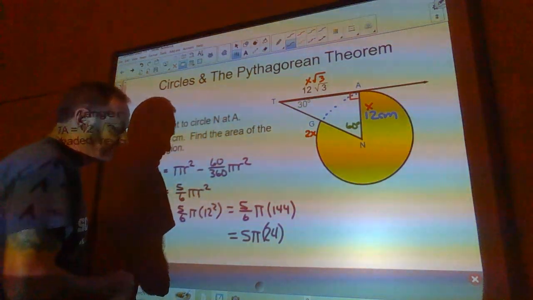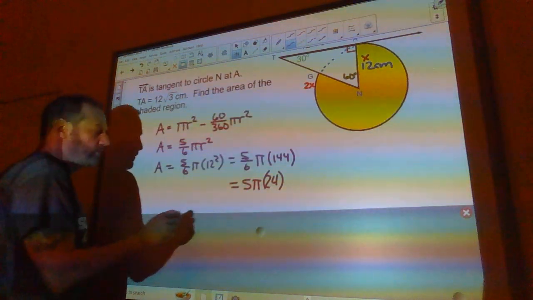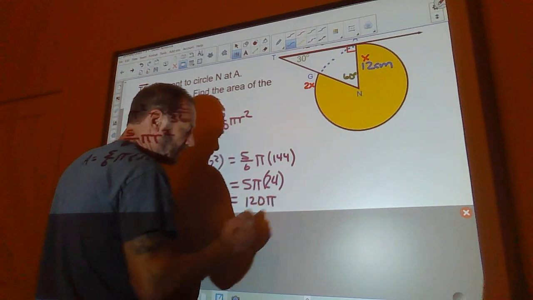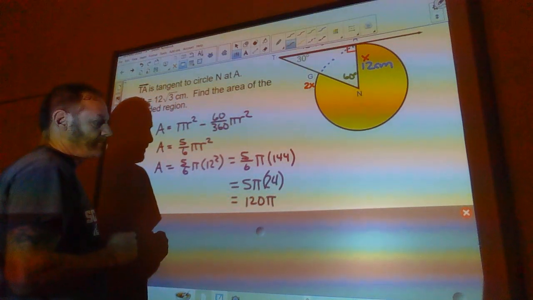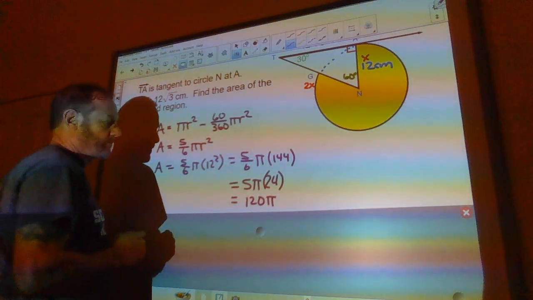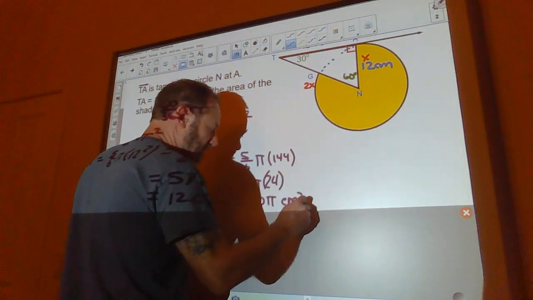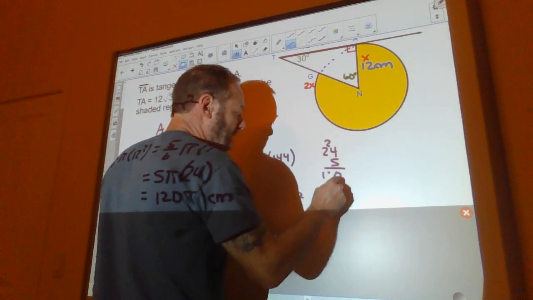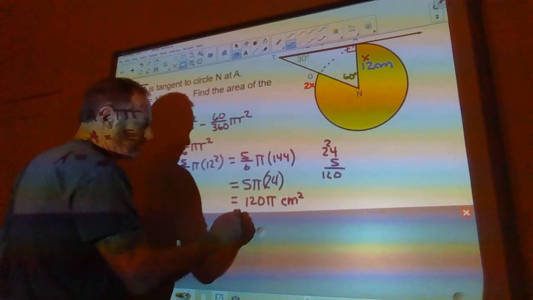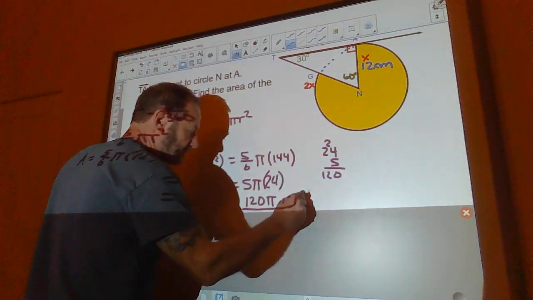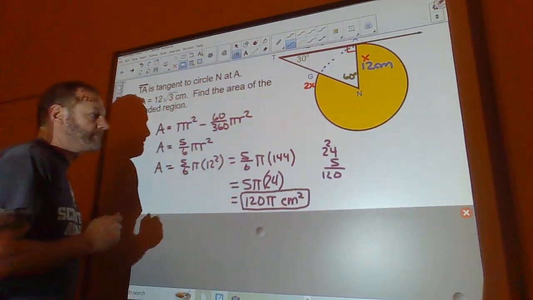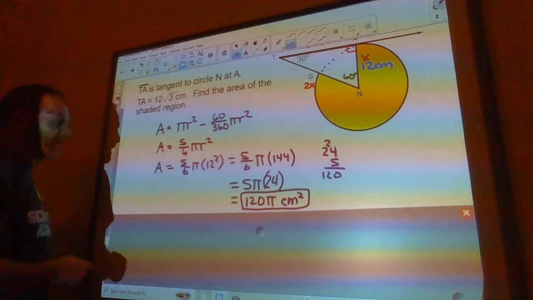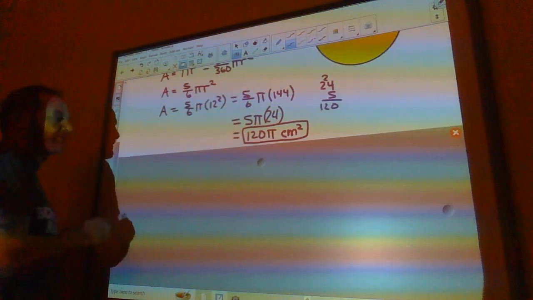So it's 5 times pi times 24, which becomes 120 pi square centimeters. Is that right? 24 times 5? 20? Yep, 120. Okay. So this is 120 pi square centimeters for the area. And if I needed to multiply that out by 3.14, I could do that. Okay, but that's the exact answer.